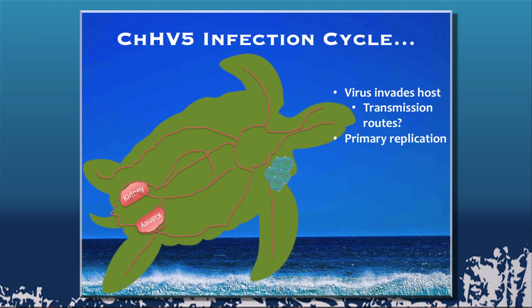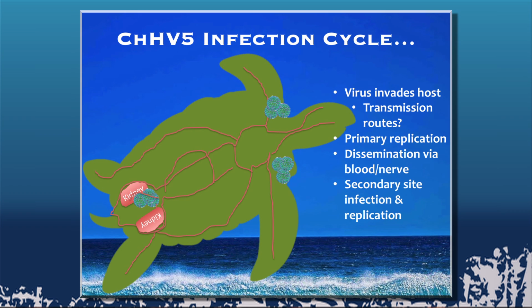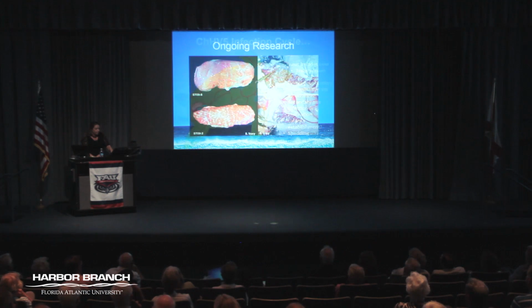The virus undergoes primary replication and then disseminates throughout the body via blood and/or nerves, probably to the kidneys and potentially other sites of persistent secondary infection. The virus probably establishes latency, maybe in nerves, maybe in other things. The virus is then shed. We know the virus is shed through the skin and through tumors, and maybe through the urine as well.